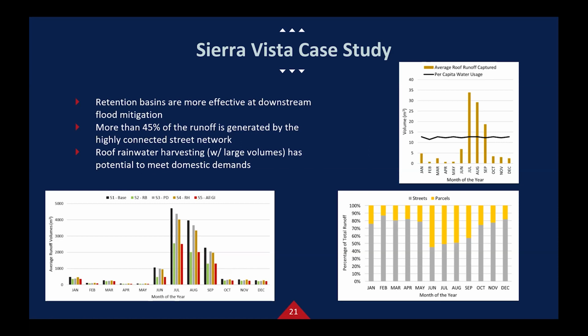So the basic takeaway from that was, depending on the size of the GI practice that you can put in the simulations, we can put any value we want to see how it would react. But it turns out, in a similar comparison between the 3 GI practices, the permeable pavements, the retention basins, and the rainwater harvesting systems, retention basins were doing a better job at reducing the average runoff volumes coming out from each parcel, and mostly because they have a higher Ks or infiltration rate.